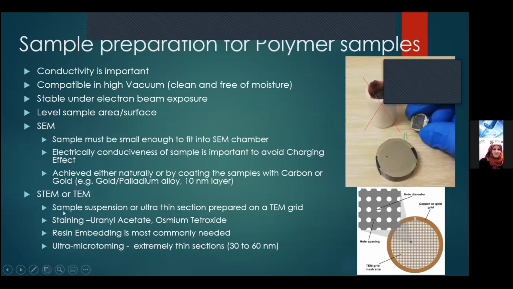Sample preparation for polymer samples. Firstly, conductivity is very, very important. I'll talk about how we can introduce conductivity in a sample soon. Next, your sample needs to be compatible with high vacuum, so it needs to be very clean and free of moisture.